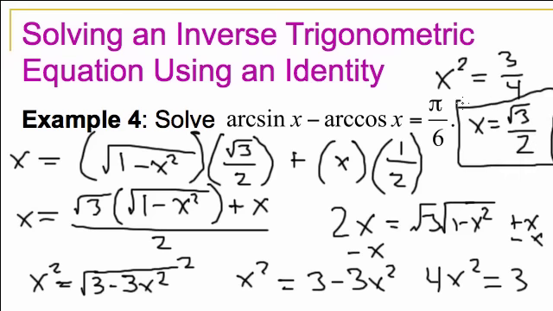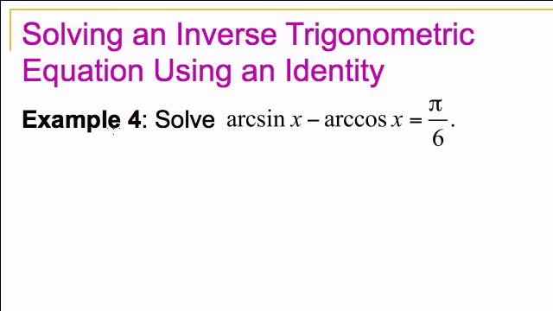All right. Now, one final thing on this problem. We've gotten to the very end. x is equal to square root of 3 divided by 2. We do need to check to make sure that this answer works for our equation. So we're going to go all the way back to the beginning.